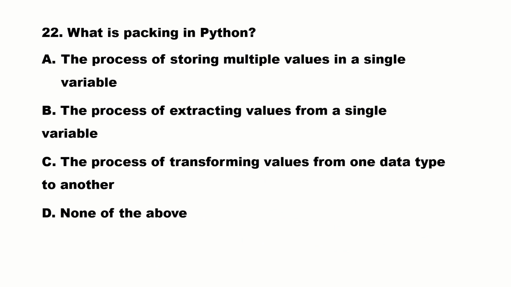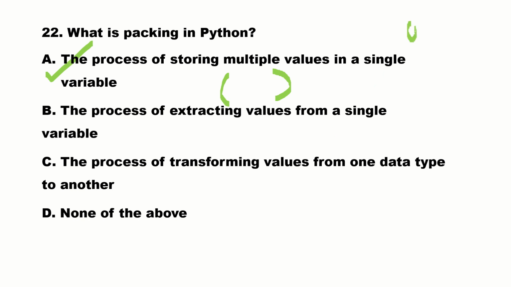Next one. What is packing in Python? Packing means the process of storing multiple values in a single variable. A tuple is a collection of values separated by commas, enclosed in parentheses. By packing values into a tuple, you can group multiple values together and manipulate them as a single entity.